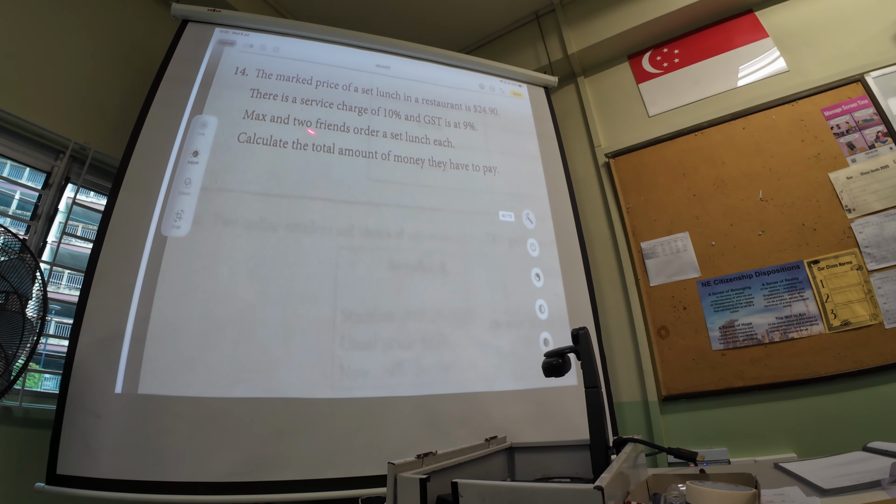But they usually will charge a service charge. This one is for the waiters who serve you, who later have to clean up your table. So usually they will also charge you a service charge of 10%. In different countries, there are different ways to charge this.